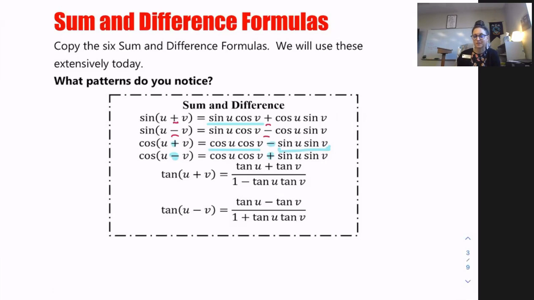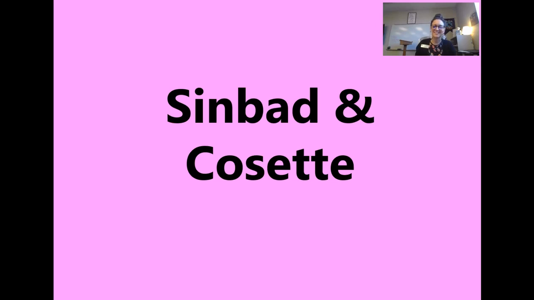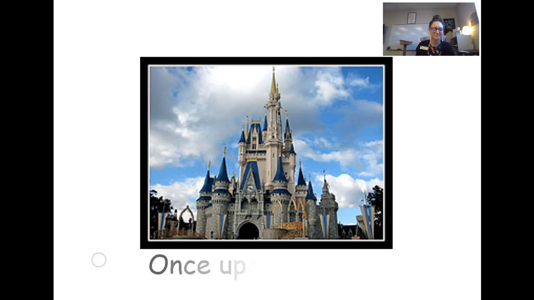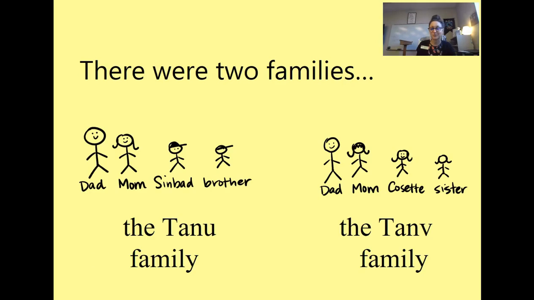But I've got a little story to help you memorize some of these. This is the story of Sinbad and Cosette. It's a trigonometric love story. Once upon a time, there were two families, the Tan U family, which had Mom, Dad, Sinbad, and brother, and the Tan V family, which had Dad, Mom, Cosette, and sister.